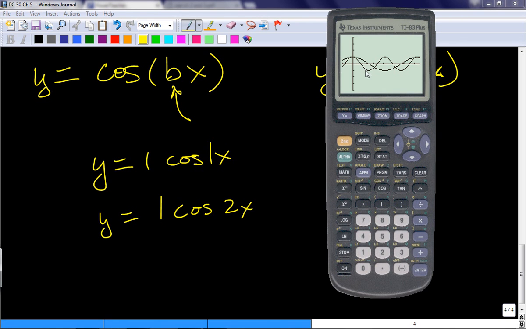So this is with b equals 2. What you see is that this is one regular period for the cos graph. It's 0 to 2 pi. That makes sense. But here, the period for this one is actually half of what a normal period would be. It's only 1 pi. Or think of it this way, that there are 2 complete cycles where there normally was 1.